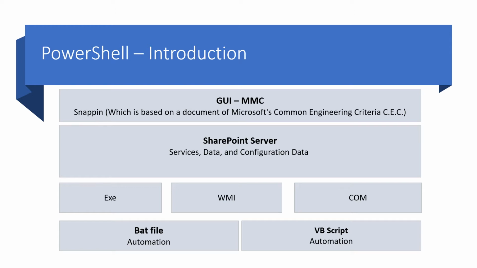So for automation, we have exe files, WMI, COM objects. On top of that, to run the automation we can run batch files and VB scripts. The executables cover only a small portion. Later on, developers found that making the GUI and the automation layer in parallel was creating some problems. So that was the problem Microsoft needed to solve.